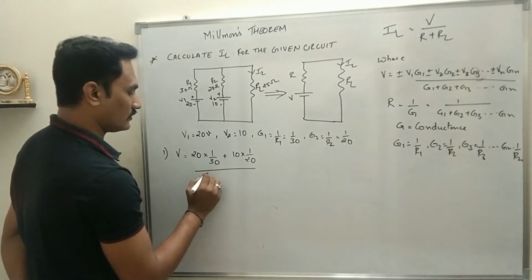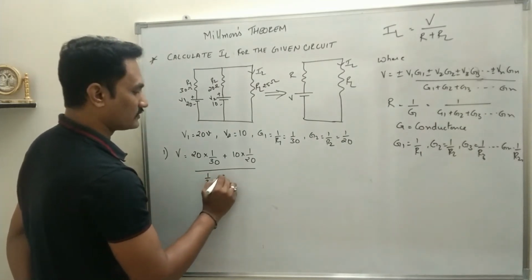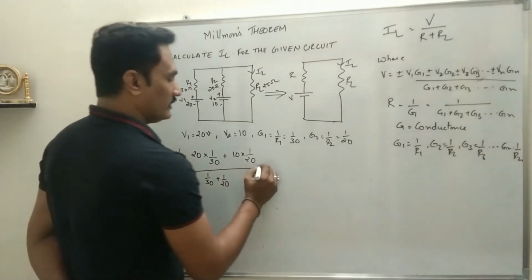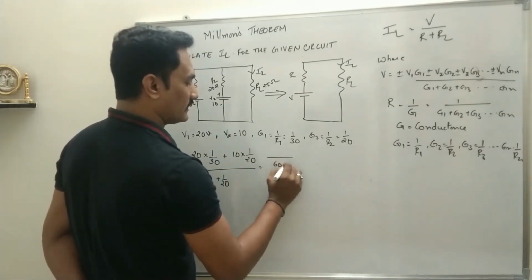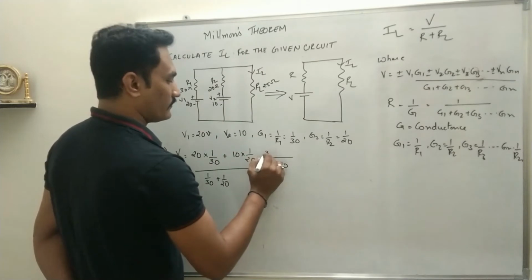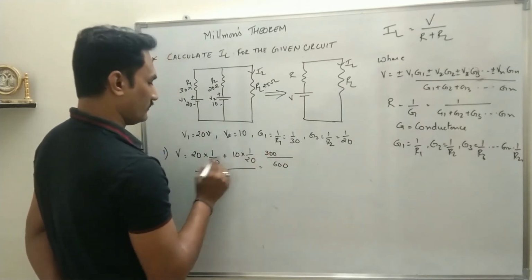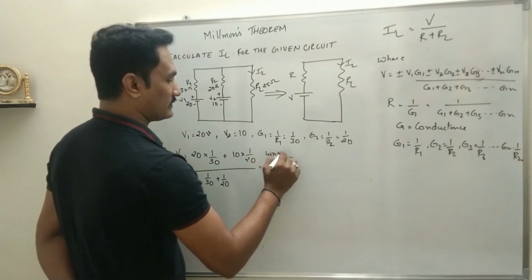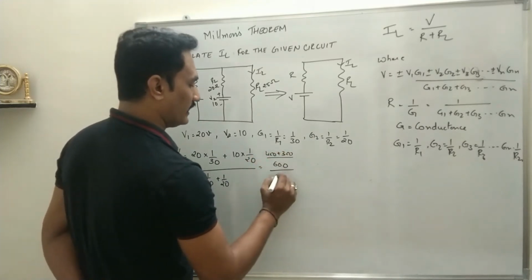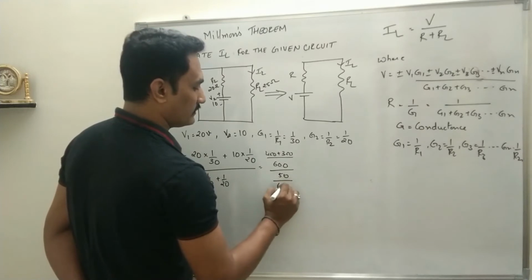G1 plus G2, so it will be 1 upon 30 plus 1 upon 20. So this entire thing can be written as, this is say 600, so this is 300, sorry, this is 400 plus 300 divided by 50 upon 600.